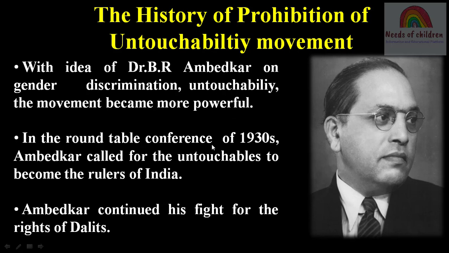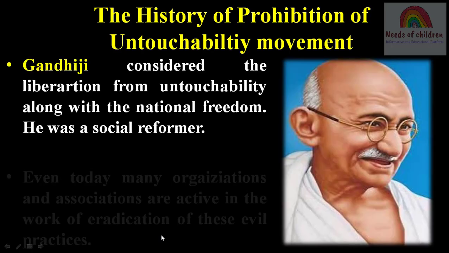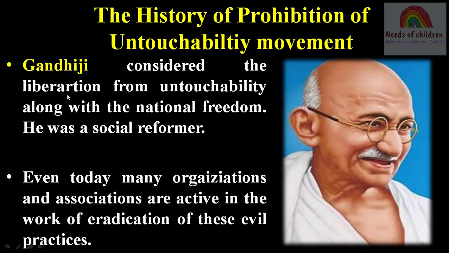In the roundtable conferences of the 1930s, Ambedkar called the untouchables to become the rulers of India. Ambedkar continued his fight for the rights of Dalits. Among them, Gandhiji considered liberation from untouchability along with national freedom. He was a social reformer. Even today, many organizations and associations are active in the work of eradicating these evil practices.